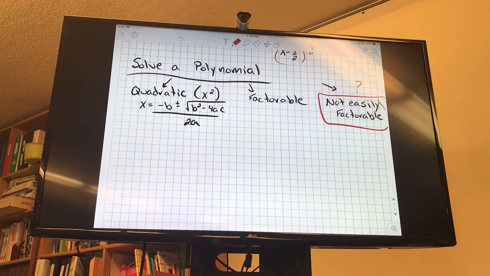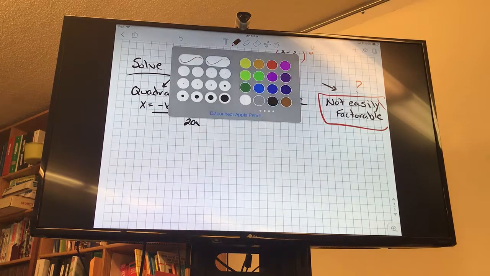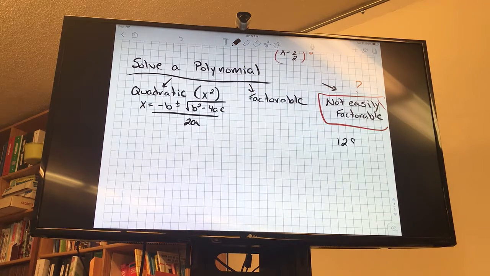Does that make sense? It's very similar to if I have a big number, 128, and I want to know, hey, what goes into 128? Well, we would start with an obvious one that we know, it's divisible by 2, right? So we would divide it by 2 and see what we get, that'd be 64. And then we can divide it by 2 again.